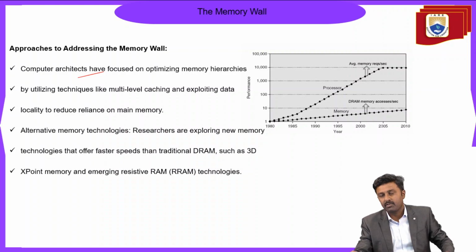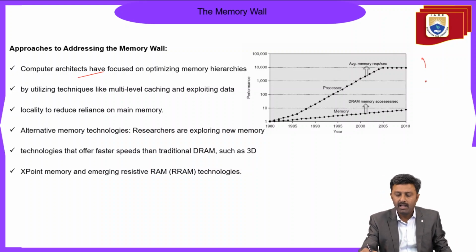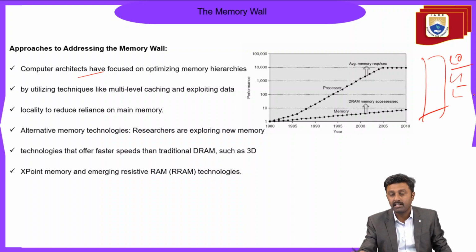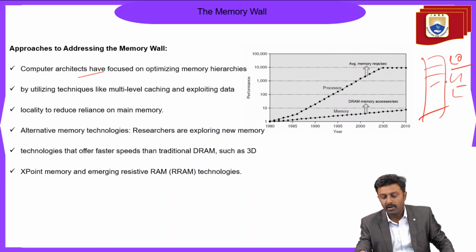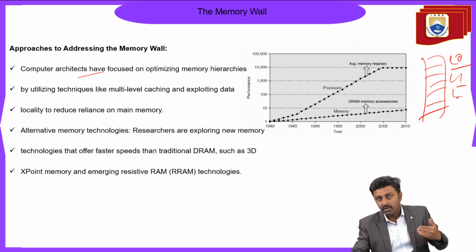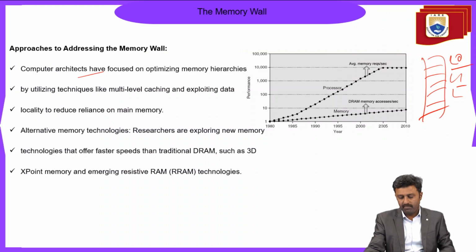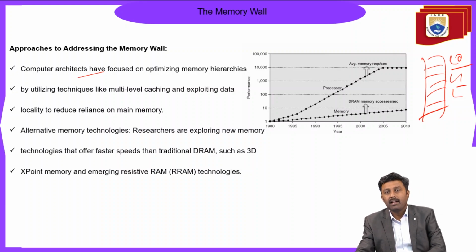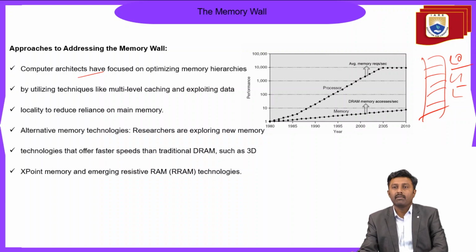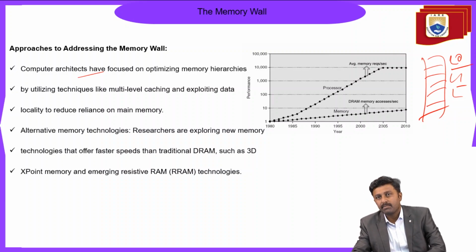Instead of using the cache at only one level of the memory, we can use the cache at different levels of the memory hierarchy design. Then alternative memory technologies can be used, such as 3D stacked memory or other RAM technologies.